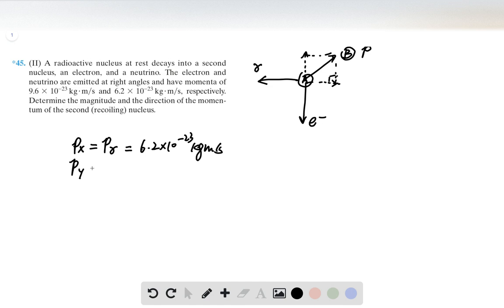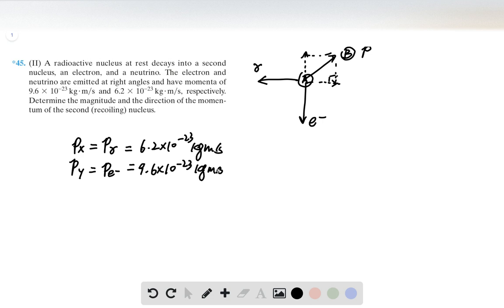And the y direction equals the momentum of the electron, which is 9.6 times 10 to the negative 23 kilogram meters per second.